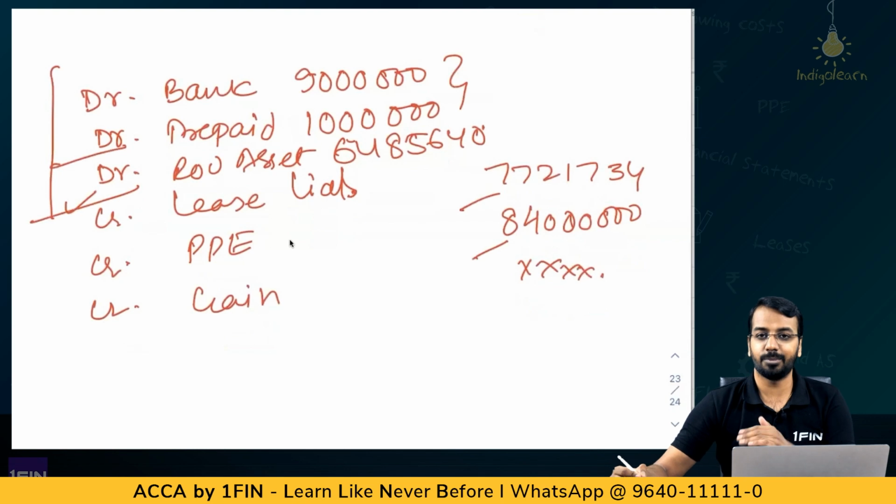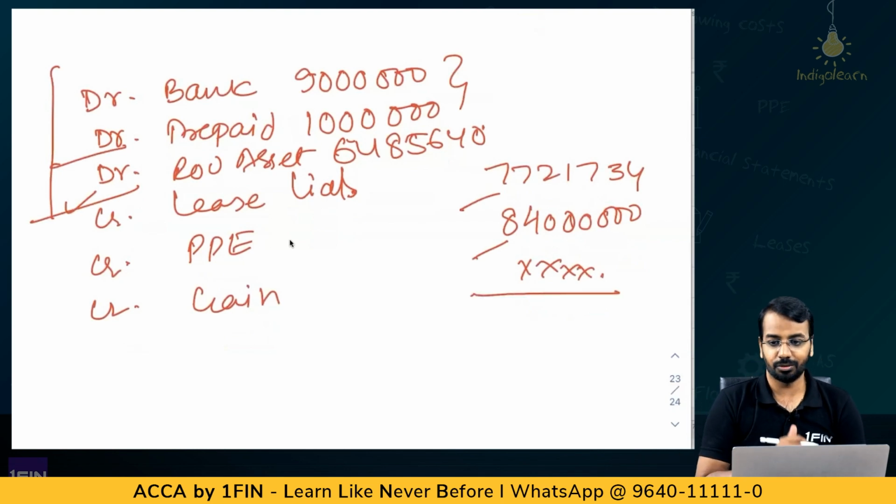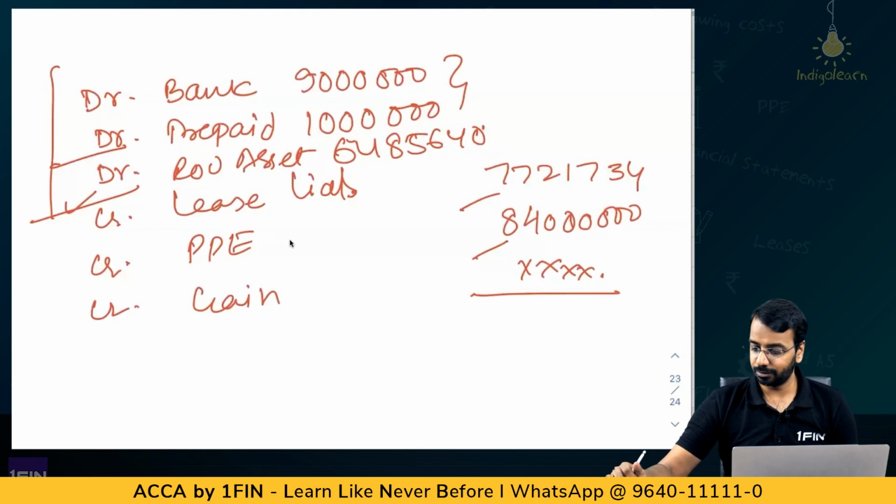PPE is credited because it has gone out, and the balancing figure represents a gain. Any question in this? If you try some it will be clear. So maybe try the question from the main material that we have, once again. Okay, so then it would be easy.